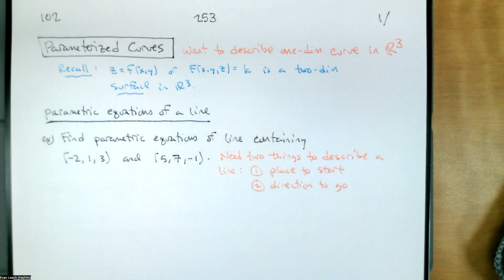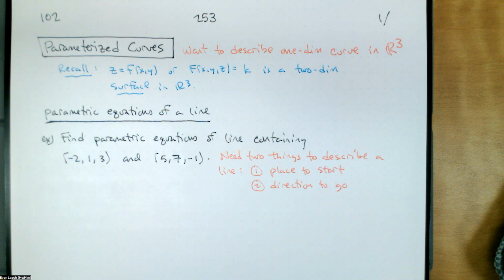We need a place to start and a direction to go. Normally, the direction to go would be the slope, which is the rise over the run. Because there's only two of them, we just make a ratio out of it, the change in y divided by the change in x. So the direction to go contains two things, the change in y and the change in x. But now we've got three variables. We've got x, y, and z.